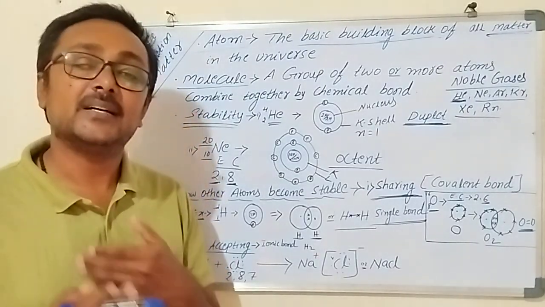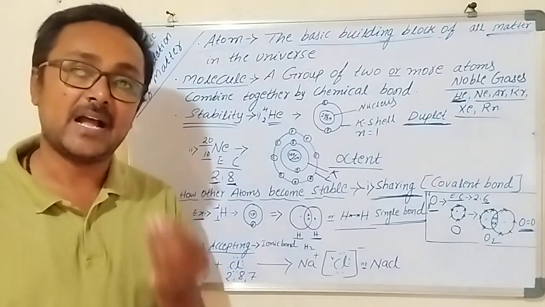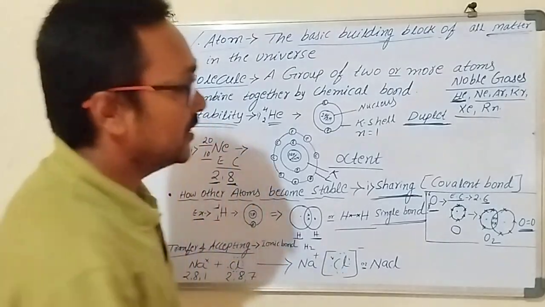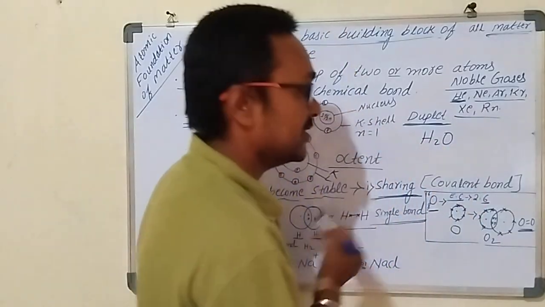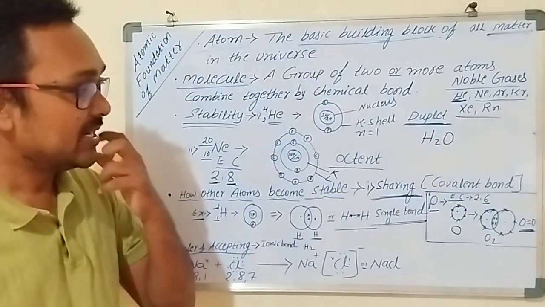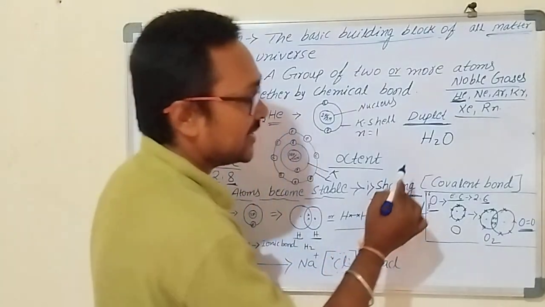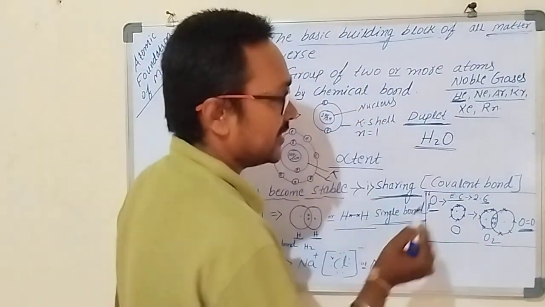The same thing happens in compounds also, like water. Water is there, its formula is H2O. It's a compound, or you can also consider it a molecule. Now, how can these be stable? So you can check it out.